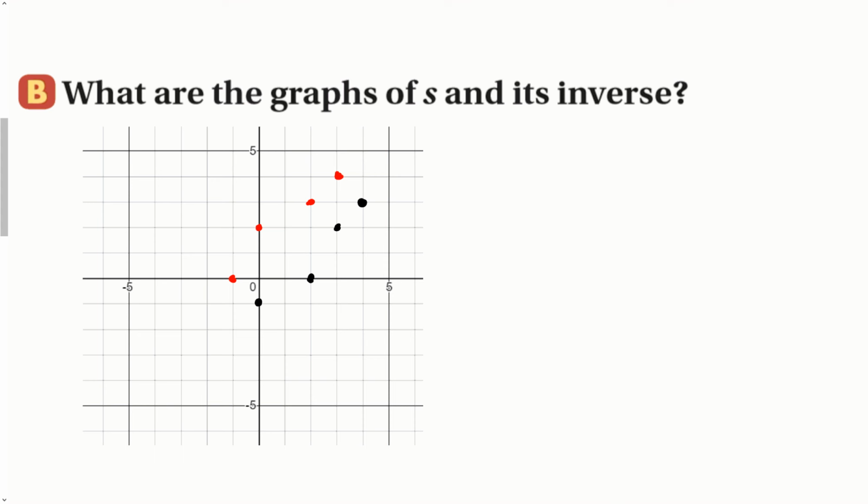And you can sort of see that there is a line in the middle of them, and they've just been reflected over this line, which, if you look at it really carefully, has the equation y is equal to x. That's really important. We'll come back to that.